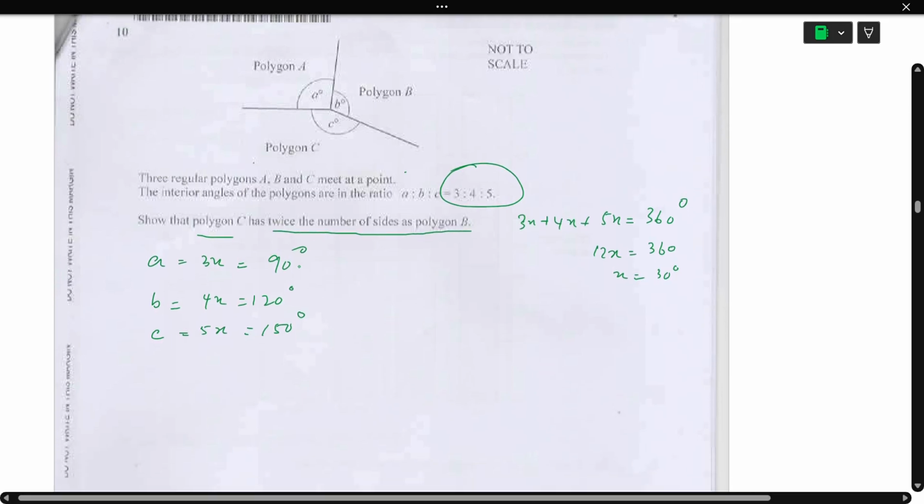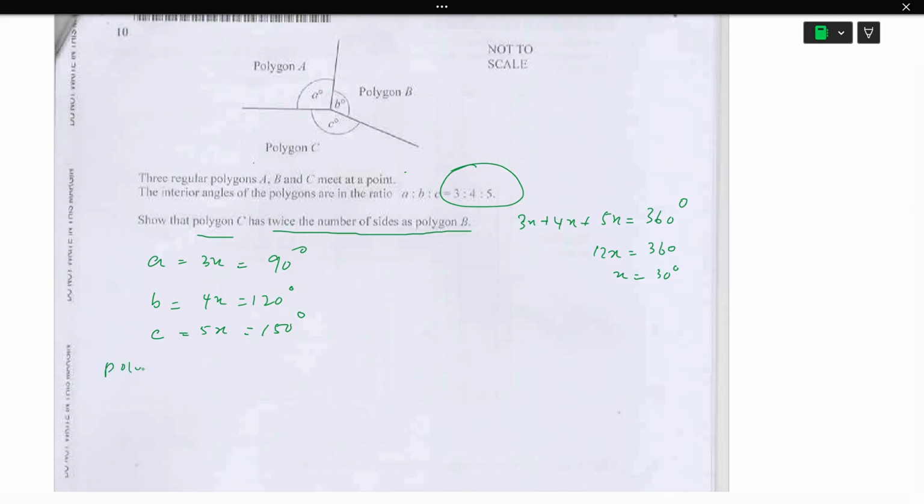So we'll find out how many sides polygon B has. First we go for polygon B. So for polygon B, one of the interior angles is B. So angle B equal to 120 degrees. So this is the interior angle.